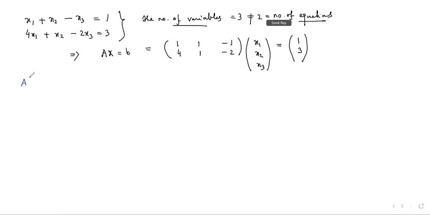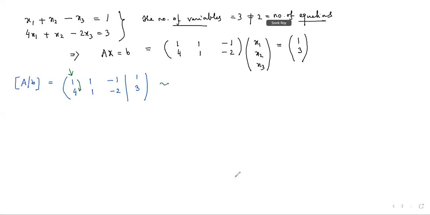So here the augmented matrix AB is [1 1 -1 | 1; 4 1 -2 | 3]. Our first job is to keep this element 1, as I told you many times, and make the element 4 below it 0.